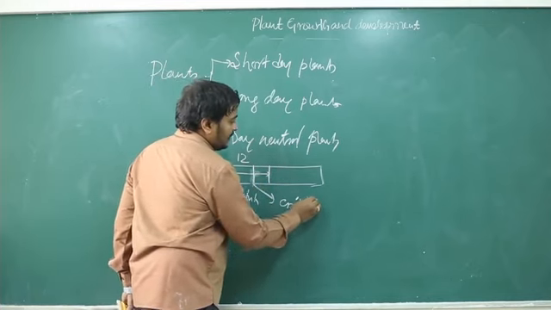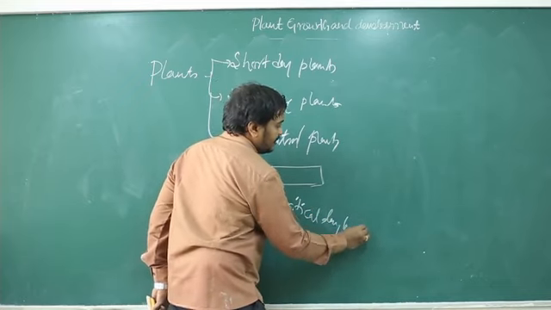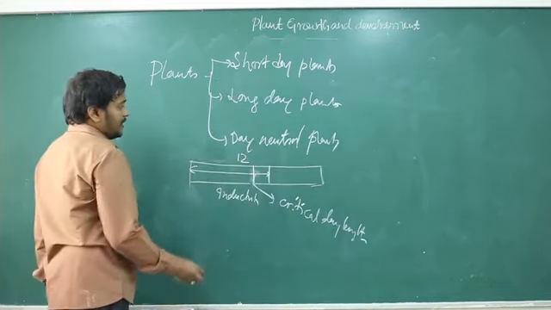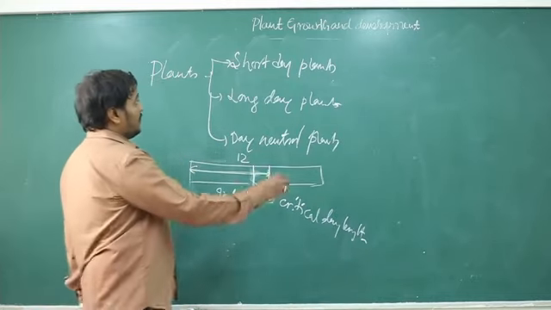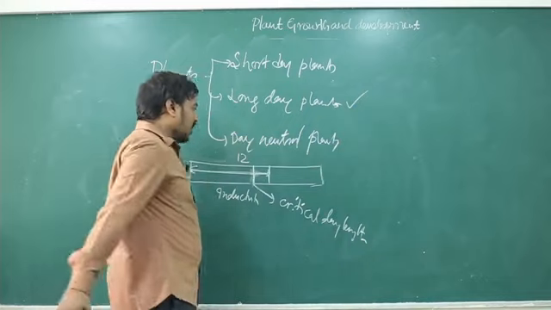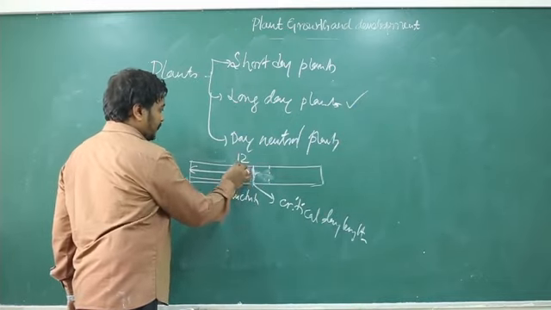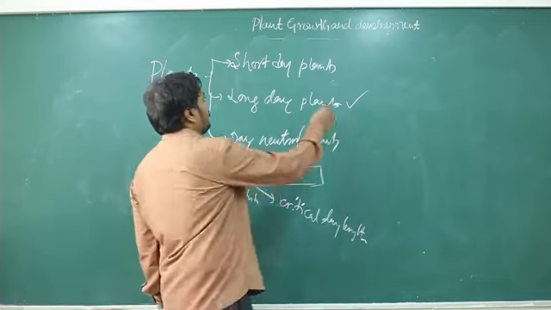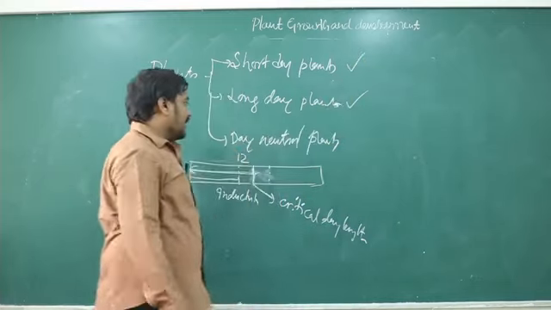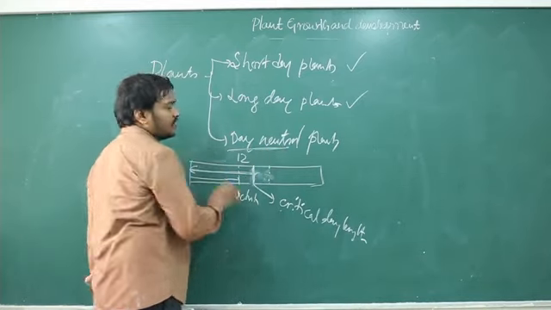If you consider a critical day length period, some plants require more than the critical day length for induction of flowering. Those plants are called long day plants, and some plants require less than the critical length period. Those plants are called short day plants, and in some plants this critical day length period does not influence flowering.